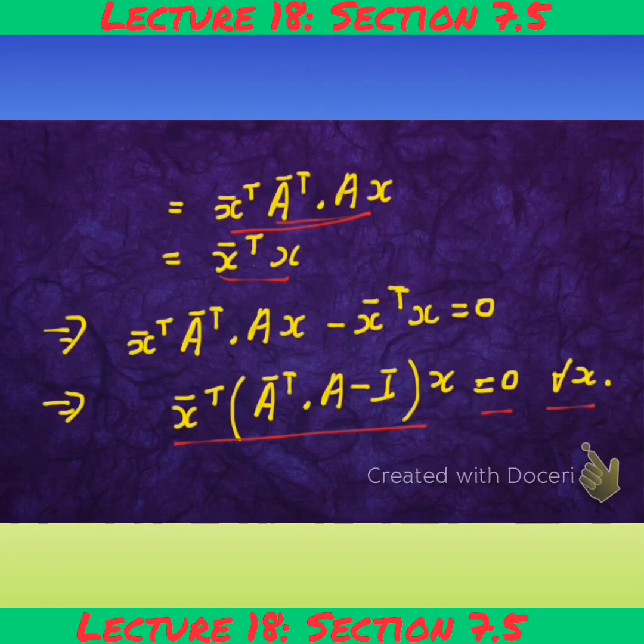So use this fact now to show that this is the zero matrix, I mean. Because if I can show this, then that will obviously imply that that is true. Okay, so that is what I want to show.